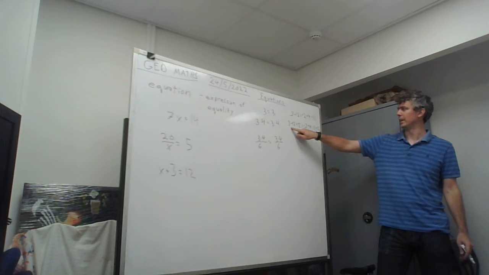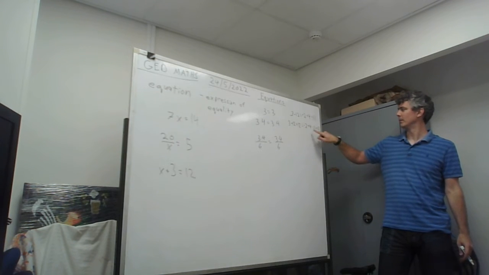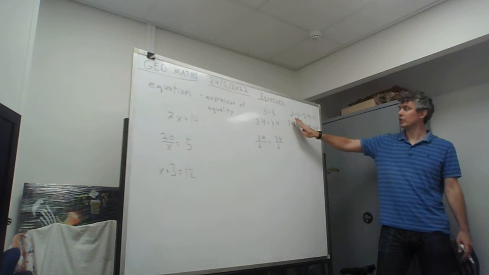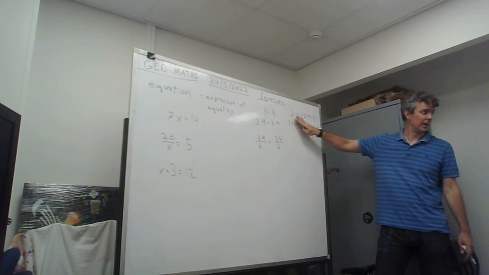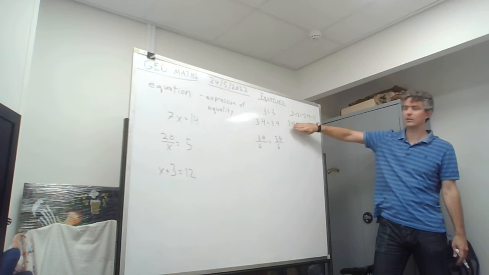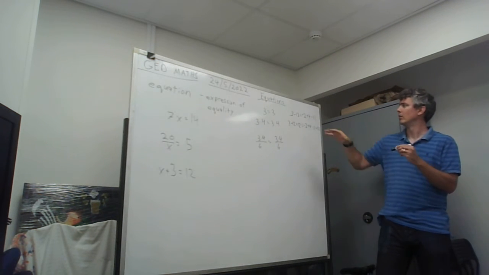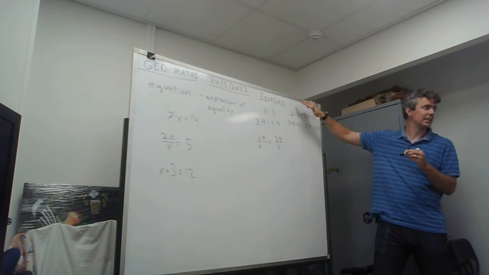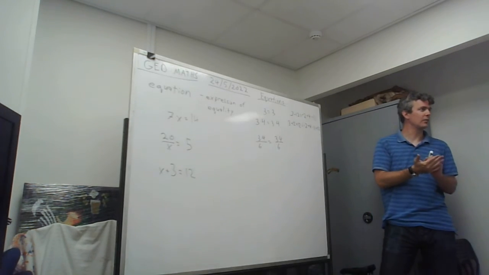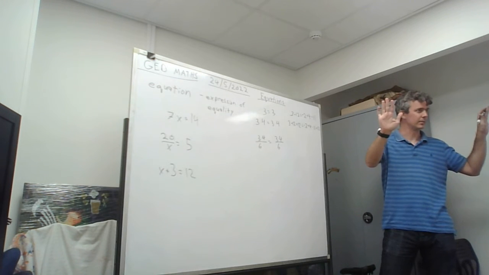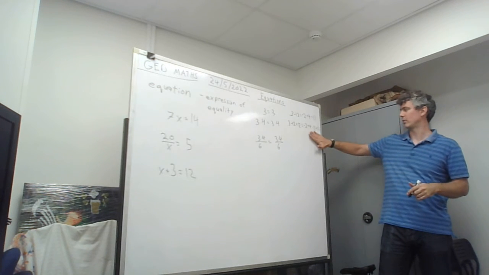This will become 3, and this will become minus 2 plus 4 is 2, minus 11 plus 12 is 1, so it'll become 3. So 3 equals 3. The value changes, right? This one is minus 9, this is minus 3. But an equation doesn't care what the value of one side equals. An equation cares that both sides are always equal. Okay, that's what matters. So this is 3 and this is 3.